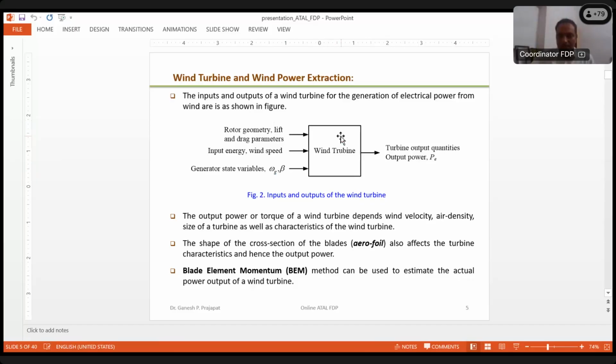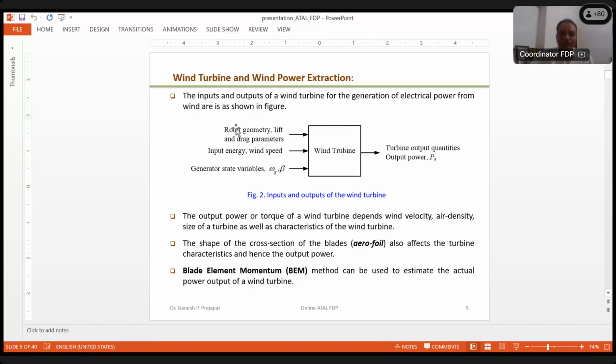Looking at this picture, we can see that the mechanical power which comes out of the wind turbine will ultimately be reflected into electrical power through the generator. So definitely the electrical power depends on the mechanical power, and the mechanical power depends on many of these parameters.